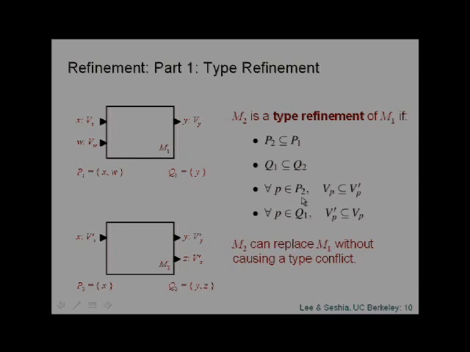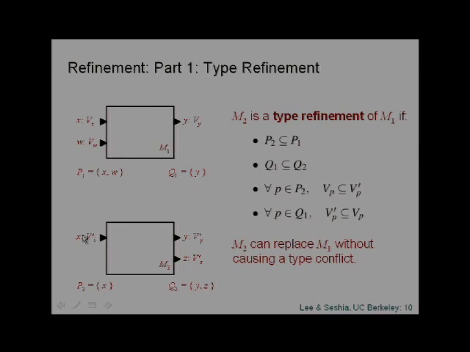So for example, here if X was Boolean, it can take values 0 or 1, and here it can take a value that's 0, 1, 2 or 3, right? Then the set of values that M2 can accept is a superset of the values that any environment of M1 will provide. And so if you plug it in for M1, 0 and 1 is still a valid input to the resulting machine. Okay, and similarly for the outputs, it's going to be the other way around.